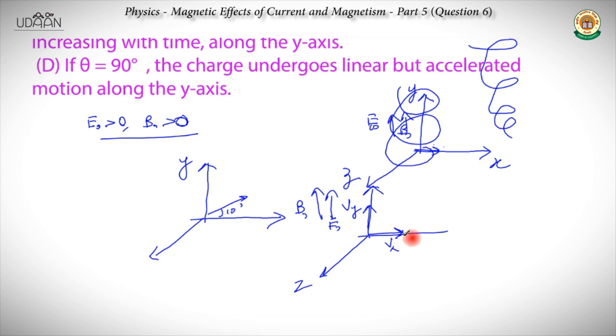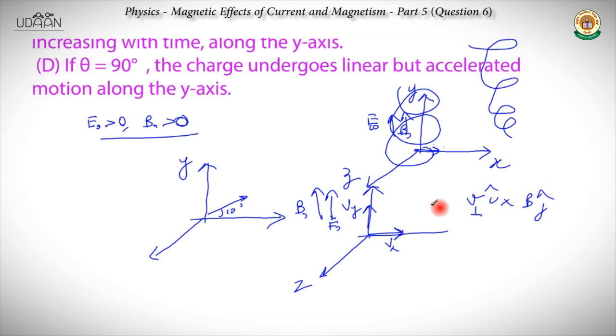Now, for Vx, because of this component V cross B, the force acts in the z direction. So it will undergo motion in the z direction. Basically V cross B, we write i cap cross B j cap.